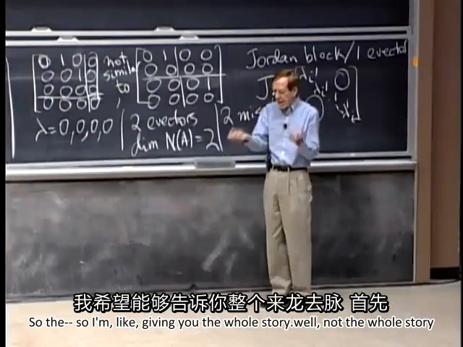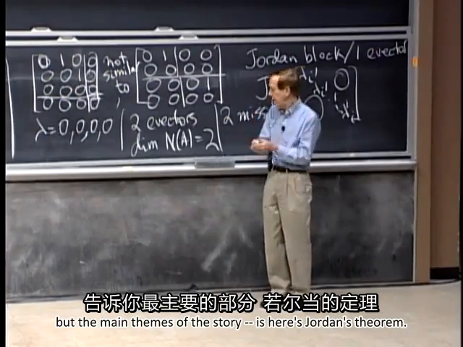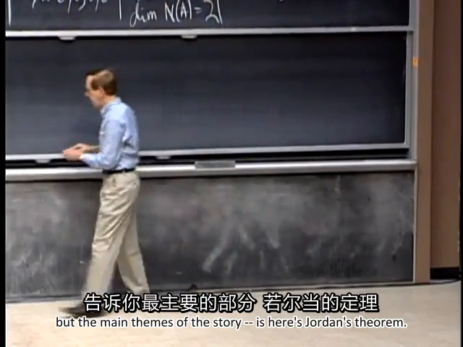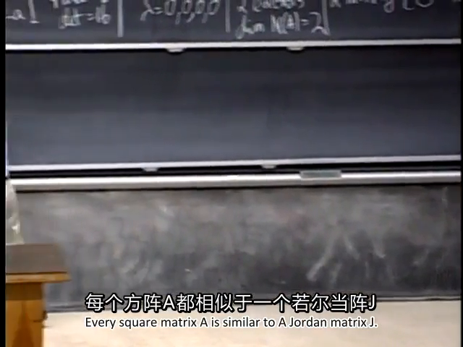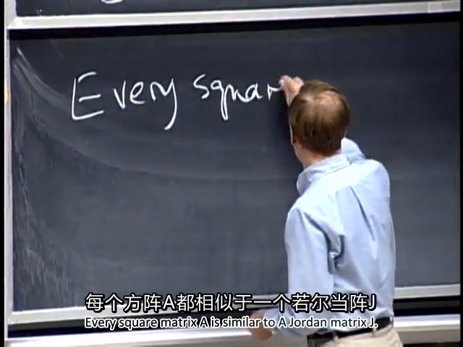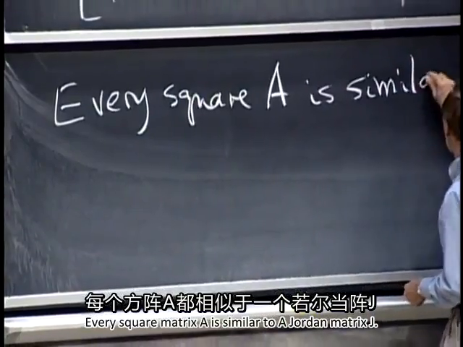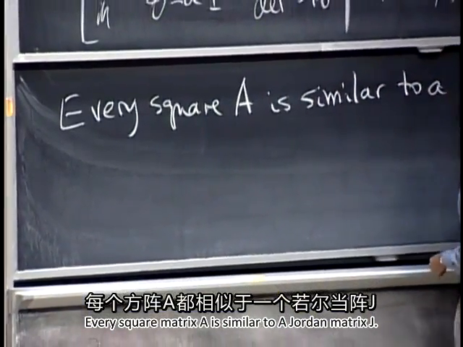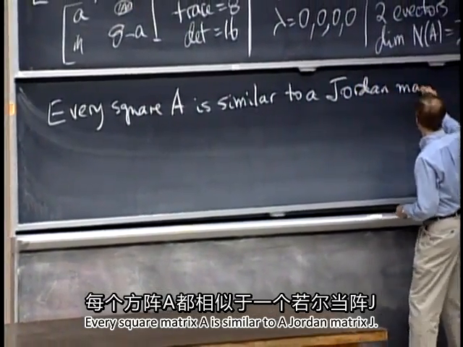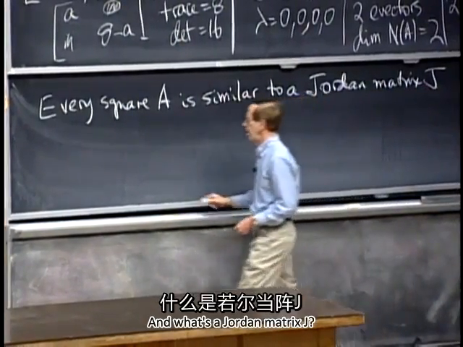So I'm giving you the whole story. Well, not the whole story, but the main themes of the story. Here's Jordan's theorem. Every square matrix A is similar to a Jordan matrix J. And what's a Jordan matrix J?